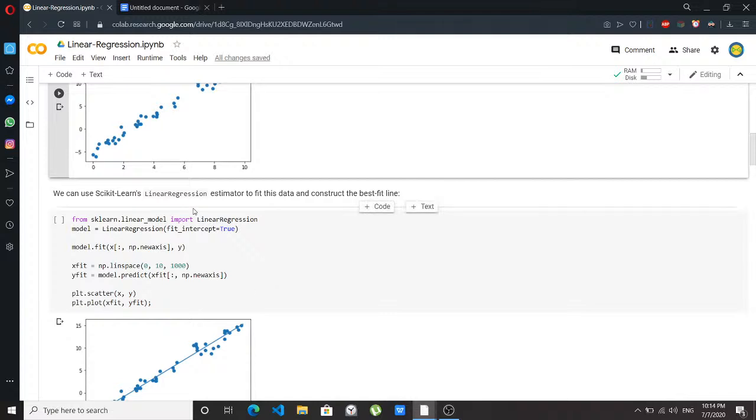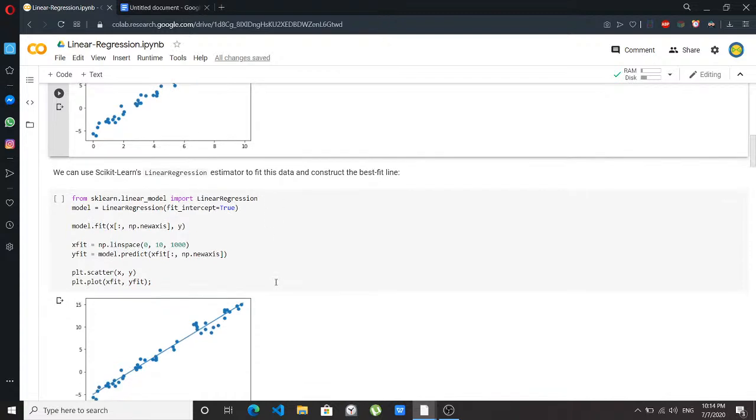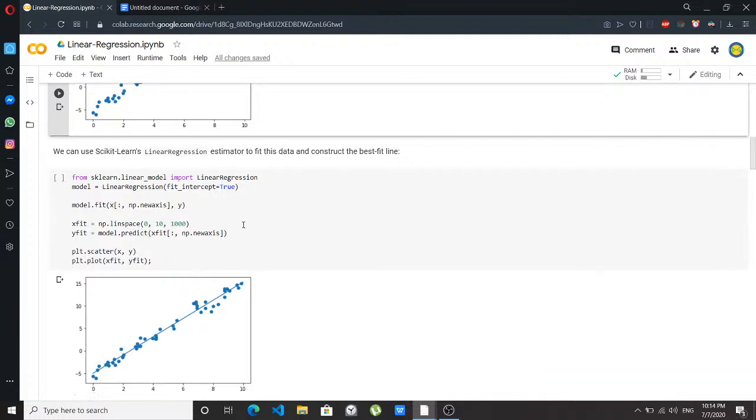To import linear regression, we use from sklearn.linear_model import LinearRegression. This is the statement you use to get the linear regression model, and we define a variable for it: model equals LinearRegression with fit_intercept equal to True.